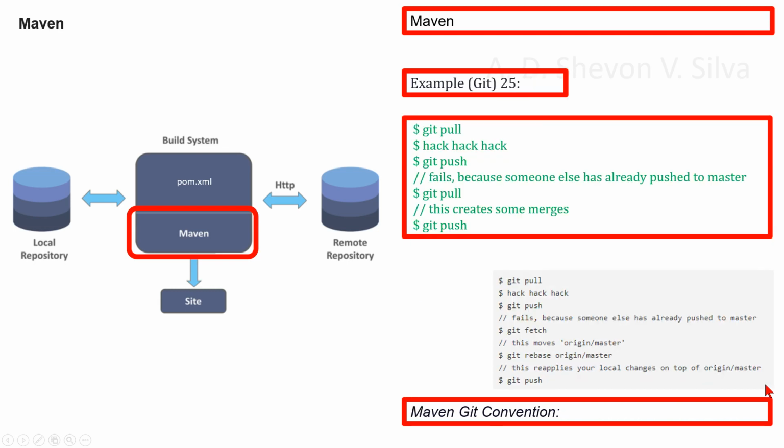Here you can see a workflow, the workflow in Maven Git convention. The workflow for SVN fork is something like here, and a more quiet workflow is like here.